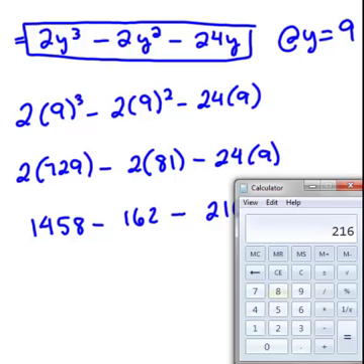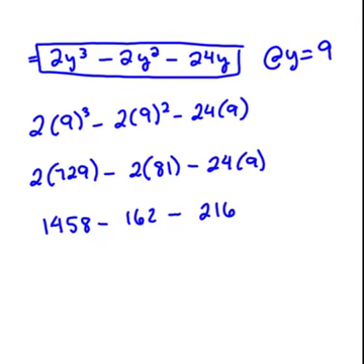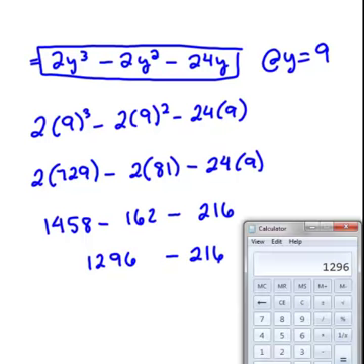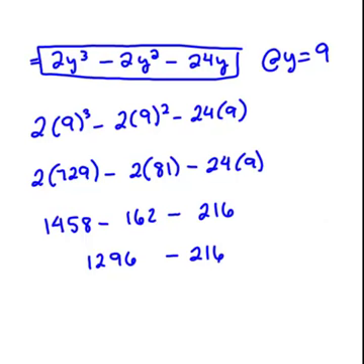So let's start with 1458. And I'm going to subtract 162. And that gets me 1296. I'm just going to bring down the 216 and subtract 216, and that gives me 1080. Let's write that down, 1080.